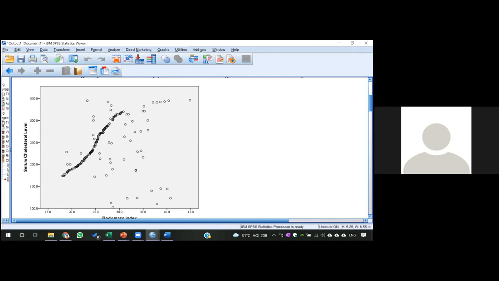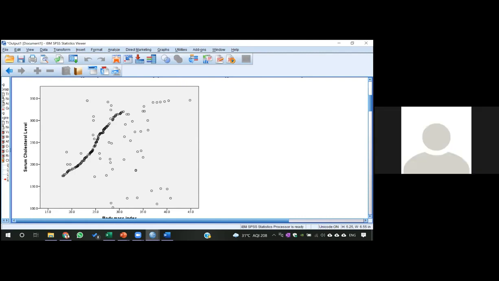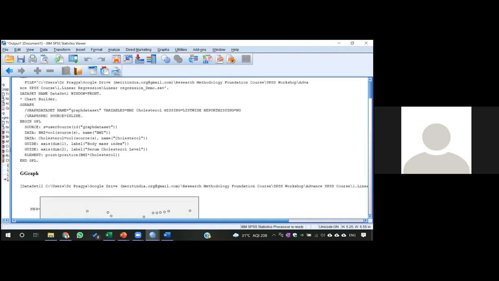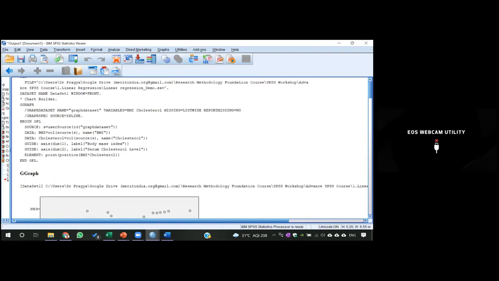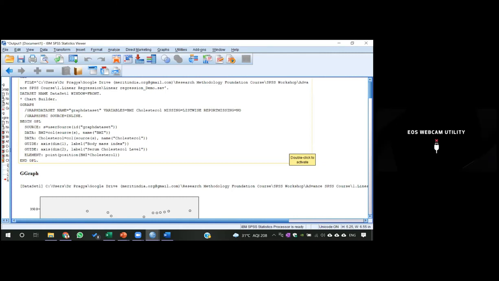Okay ma'am, one basic question. When SPSS software makes this line of best fit, to me it seems that the computer must be making thousands of such lines and out of that it must be picking the best line. Yes. So what exactly does the software do in the background? When you plot a graph you have to click line of best fit.